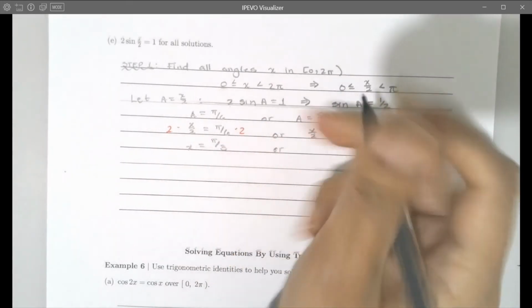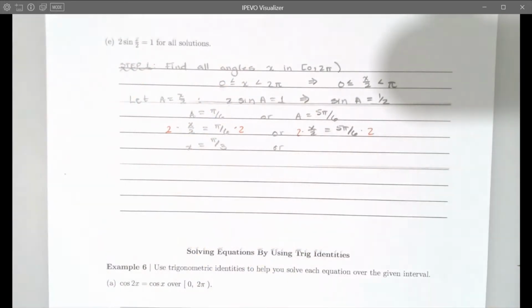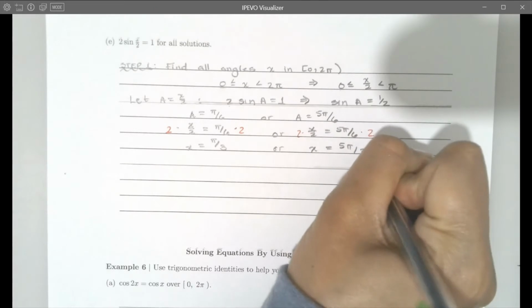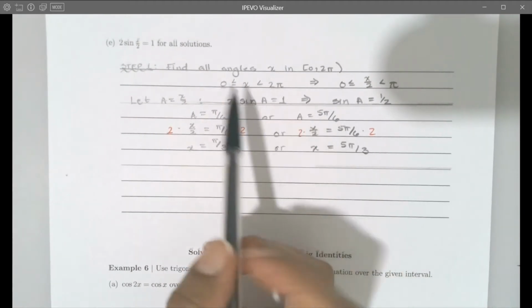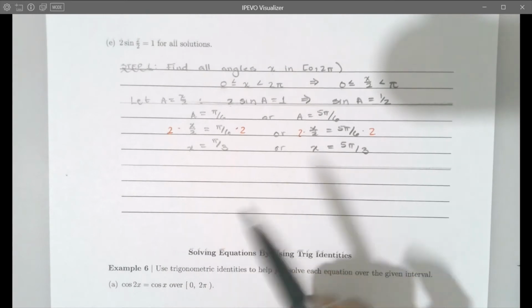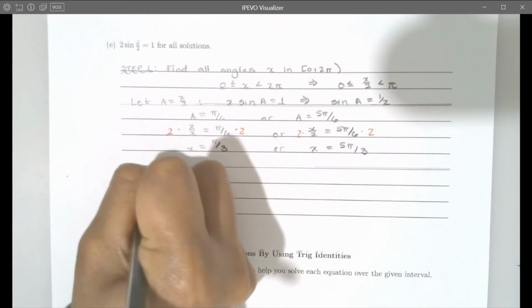And repeat that same process in the second equation, and we get x is equal to 5 pi over 3. Okay? So those are the two angles in the range 0 to 2 pi that are going to satisfy the equation. Okay, now we can use that to help us find all the other solutions.